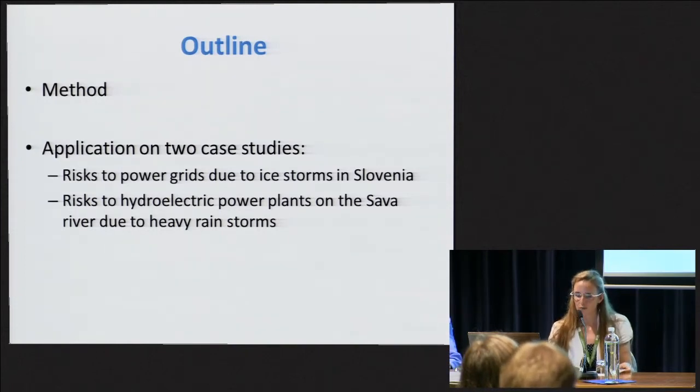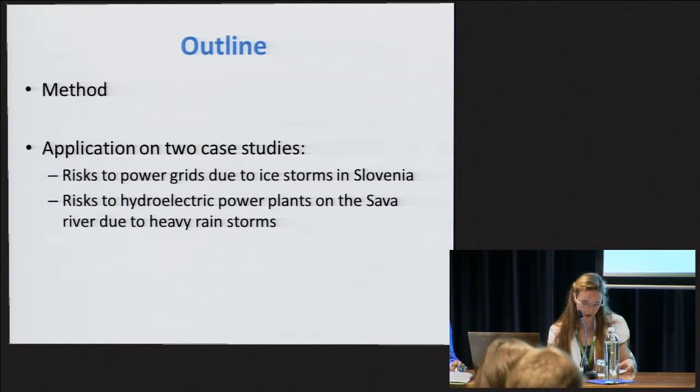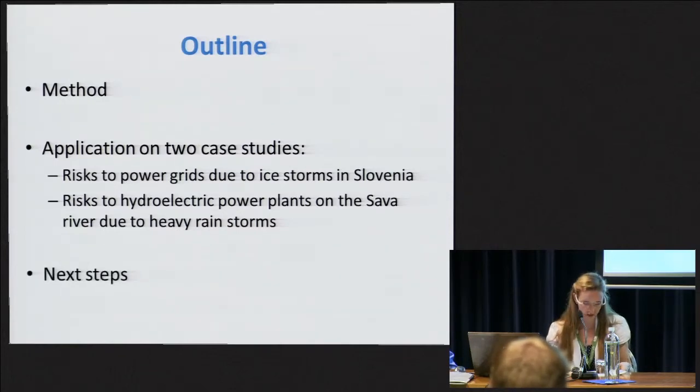First is about risks to power lines due to ice storms, the event that was mentioned before. And the second one is about risks to hydroelectric power plants due to heavy rain. For the conclusion, I will talk about our further plans for the research.